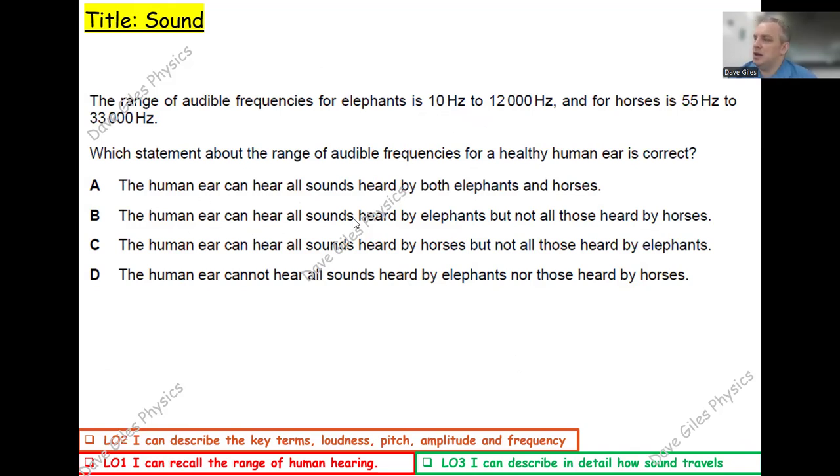The human ear can hear all sounds heard by elephants. Straight away, that's not true because we just said it can't hear the low frequencies of elephants. The human ear can hear all sound heard by horses. Again, not true because it can't hear the high ones. The human ear cannot hear all the sounds heard by an elephant, nor those heard by horses. That is true. So it's D.